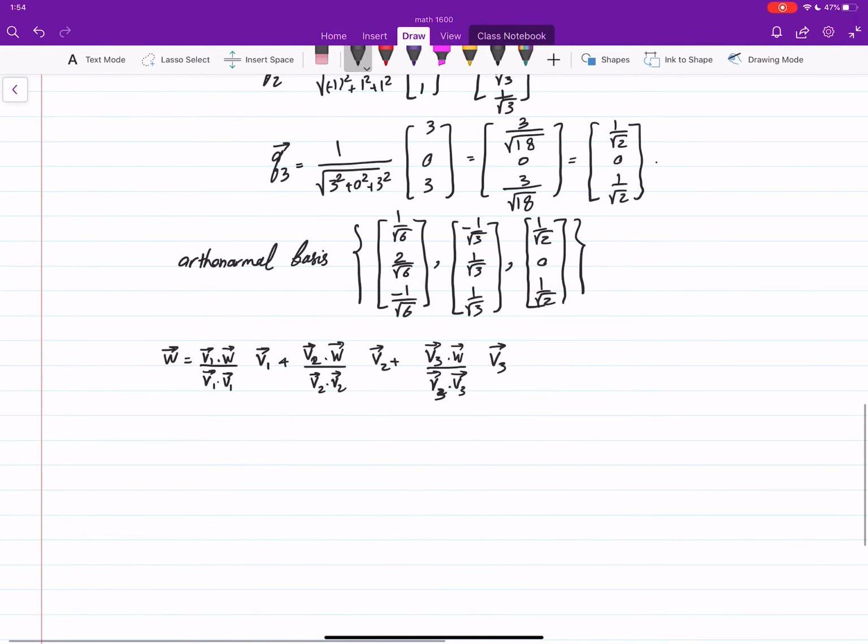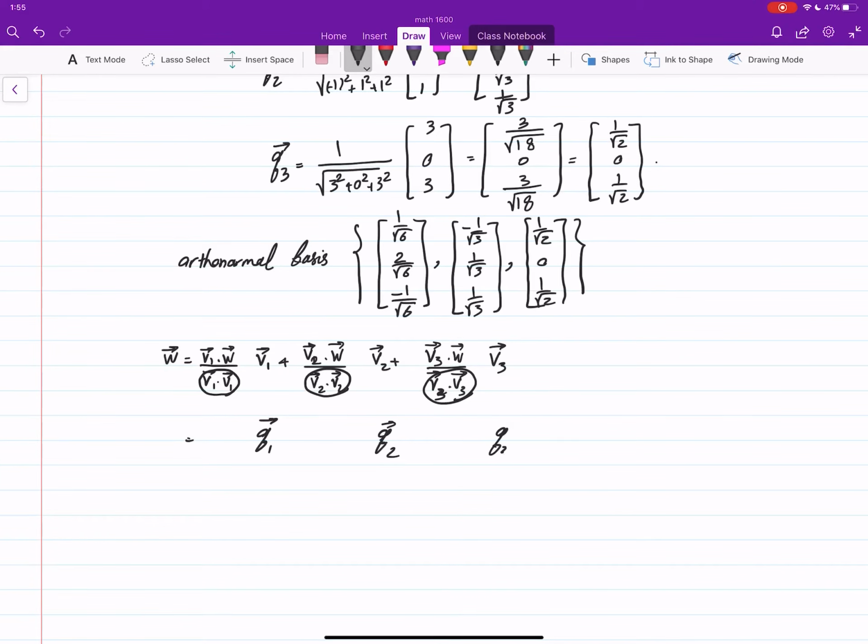now, if I have an orthonormal basis, not only are they orthogonal, but also the dot product of each vector with itself is 1. So if we're working with an orthonormal basis, the denominators of these coefficients are going to be 1.